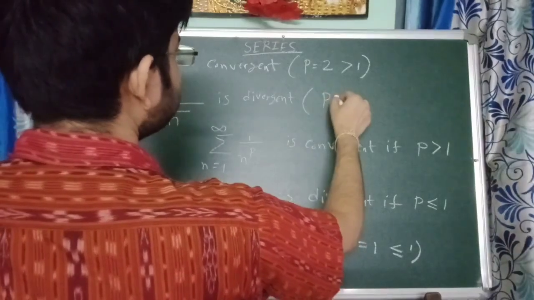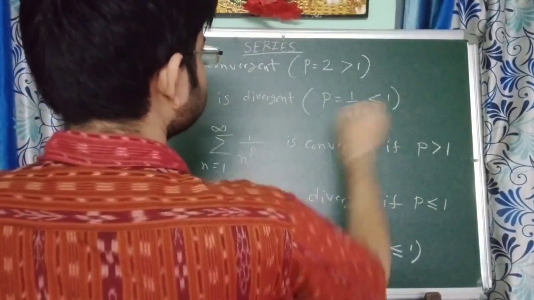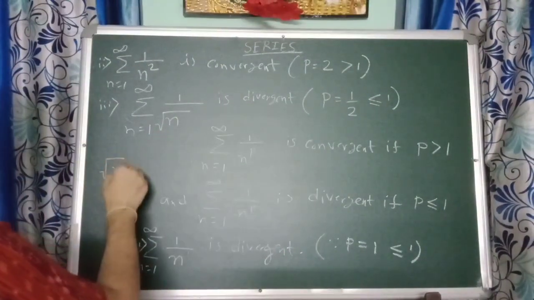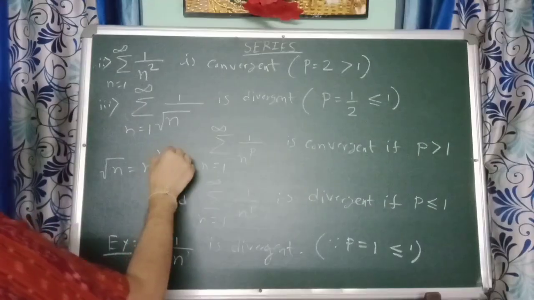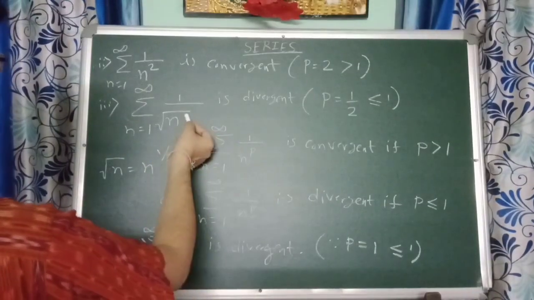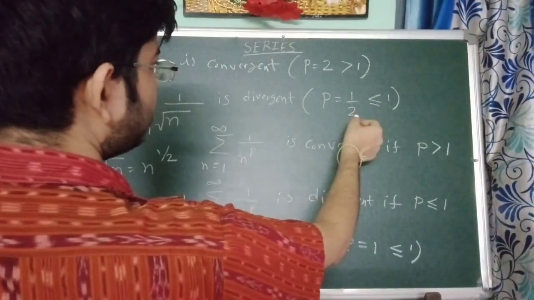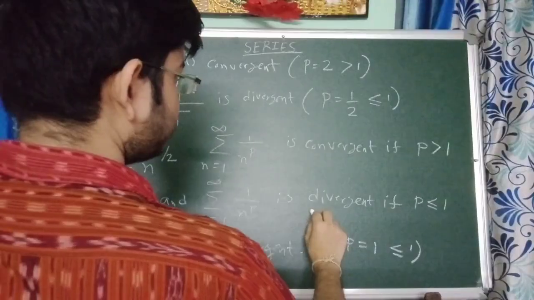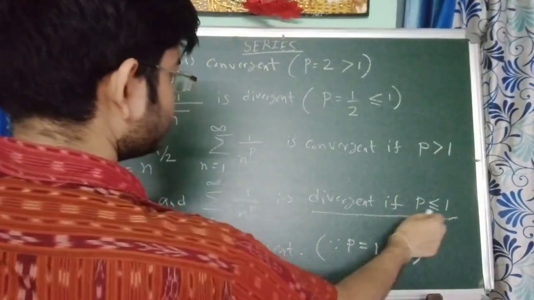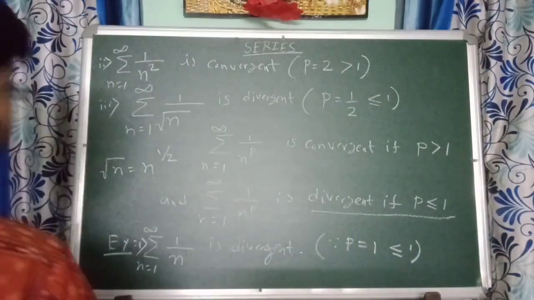Since here the p value is half, which is less than or equal to 1, since square root of n can be written as n to the power half, and if you consider the standard form, the p value is half, which is less than or equal to 1, so this is divergent.